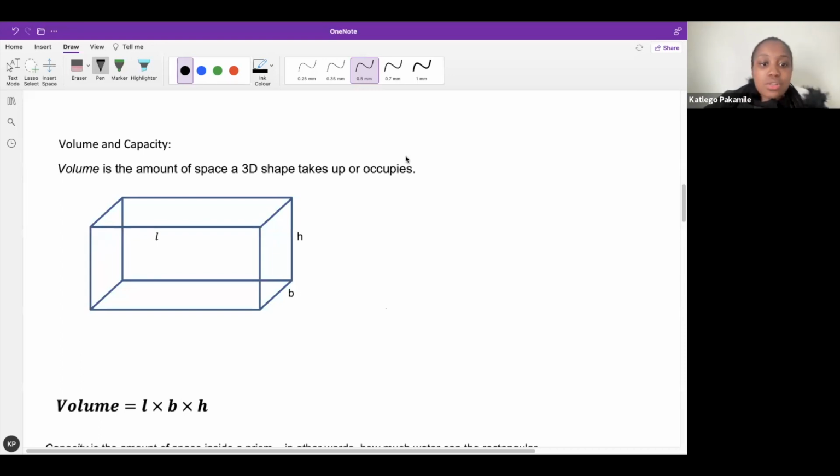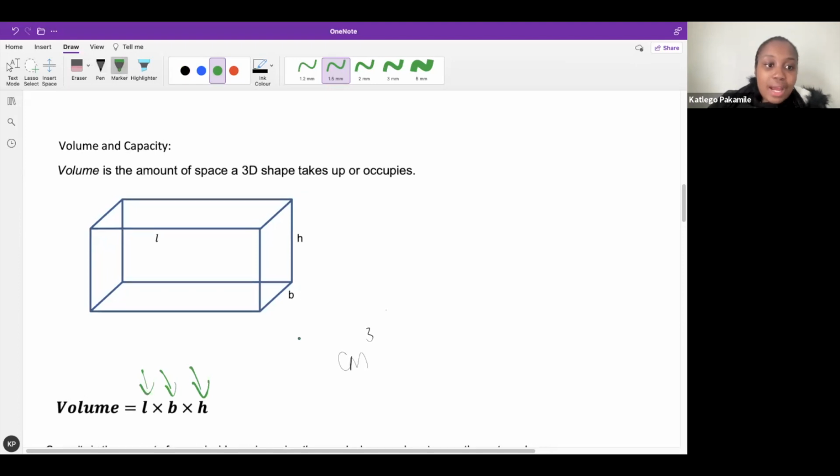So then my unit is going to be, for multiplying 3 of them, cubed. Thank you, Lugue. So if you're given something in centimeters and you're working out volume, it will be centimeters cubed, because you are multiplying 3 dimensions.